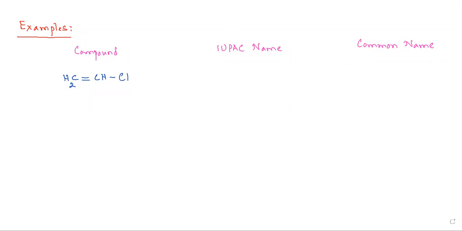So we need not write that, I mean, we need not give numbering. It can simply be written as chloro-derivative of ethene or chloroethene. And of course, this arrangement is vinyl. So it is vinyl chloride.